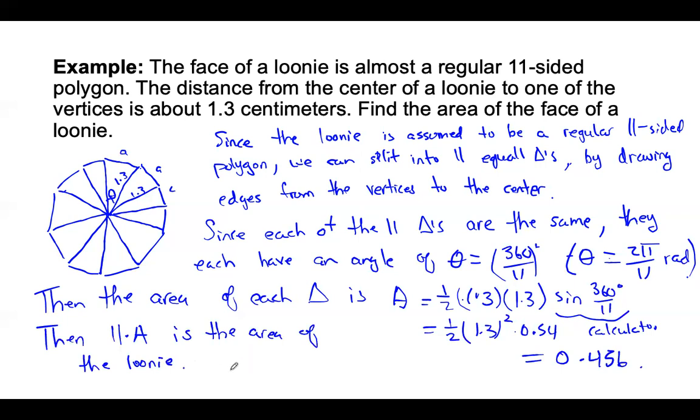So the area of the Loony is approximately 11 times 0.456, which is approximately 5.02 centimeters squared. Because it's centimeters times centimeters, so centimeters get squared, area is squared.